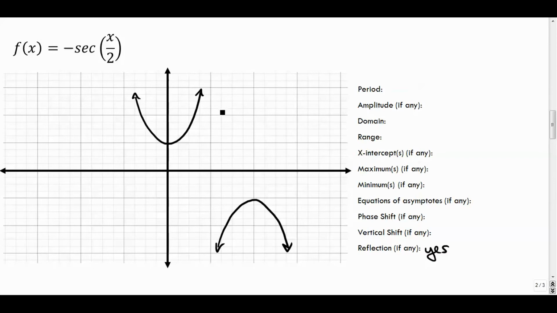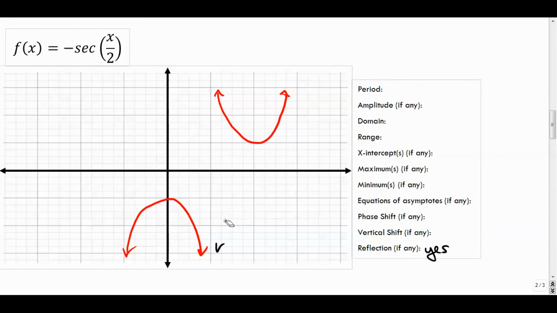The reflected version is just going to be that thing upside down, and this thing right side up. So there's the reflected secant, reflected over the x-axis.